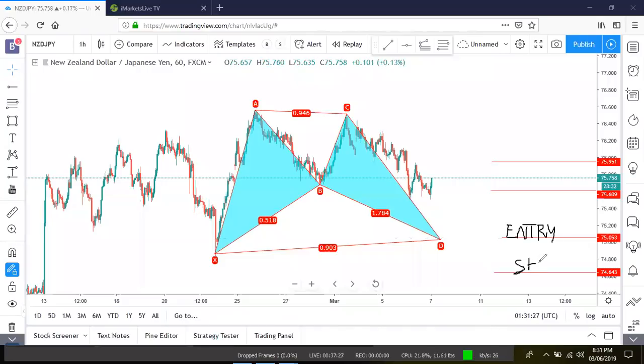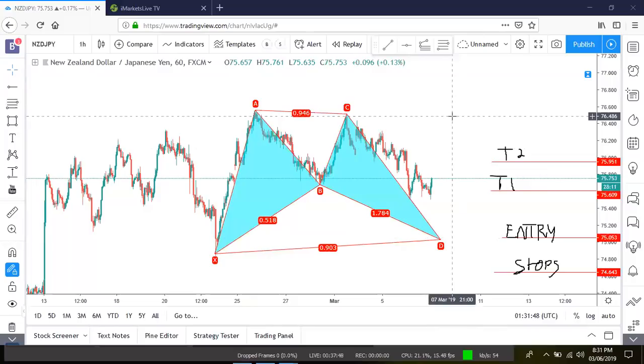Target 1 and target 2. So that's how easy it is to literally mark up a harmonic pattern, but you have to train your eye to see these movements. You guys see how simple that was?